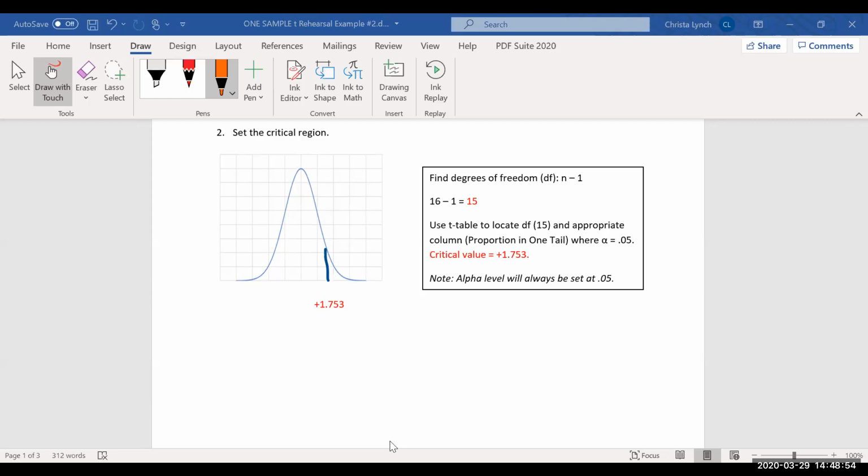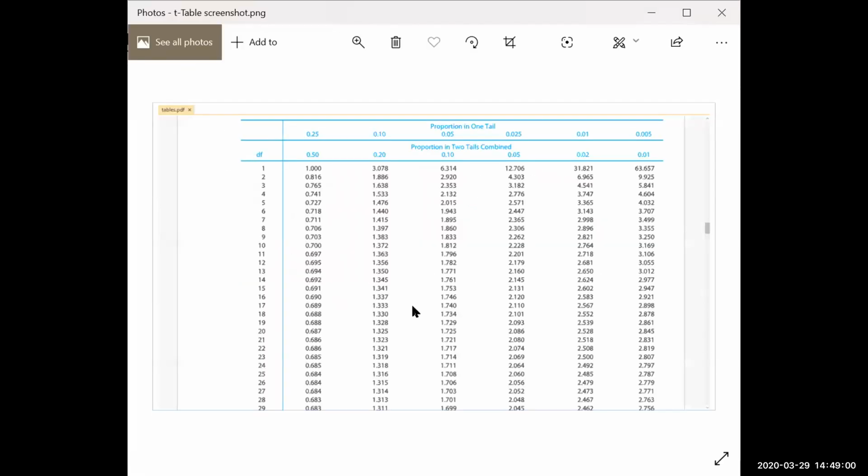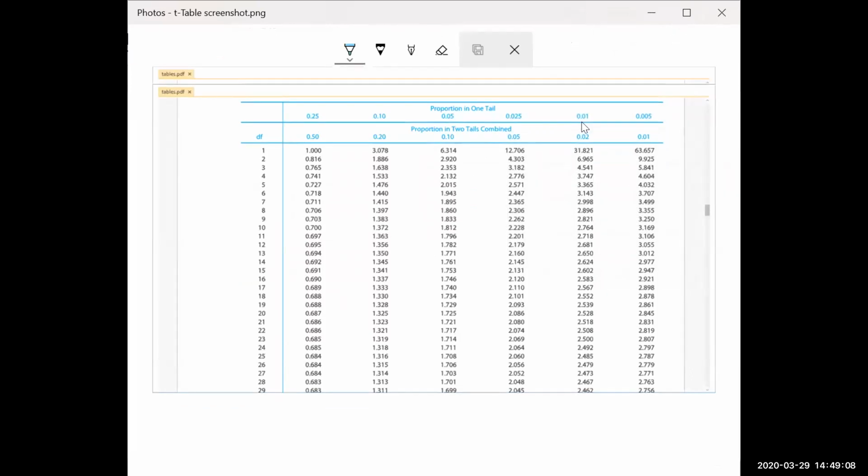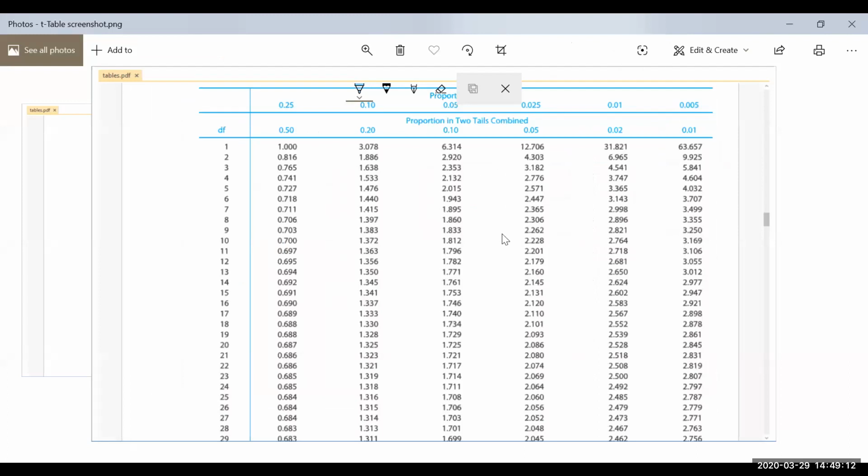And let me just pull that up quickly so that we can see and make sure that we're all feeling okay about it. Okay, so let's do this. Okay, so degrees of freedom of 15 right here. All right, and so I just cover that up.